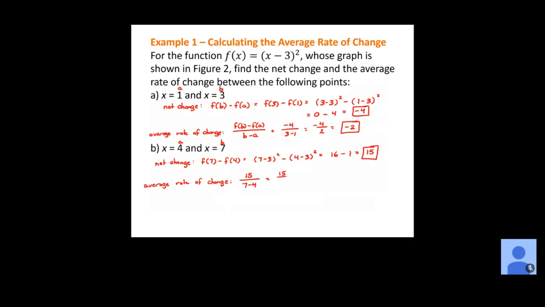So when we do that, 15 divided by 3 should give us what? 5. Perfect. So that is our average rate of change between 4 and 7 this time. Any questions on that one?